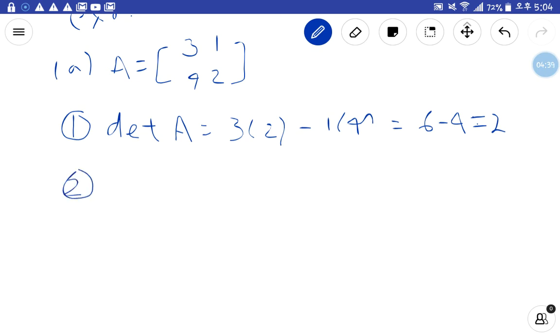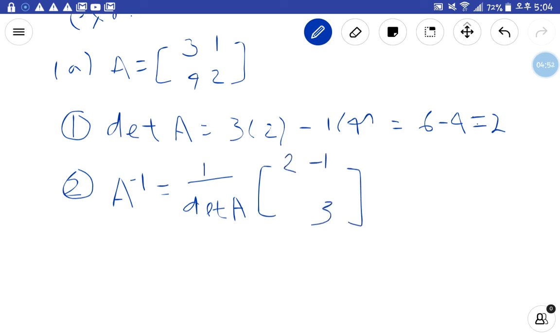Now, how can we find it? My inverse matrix is going to be 1 over the determinant of A. On the first diagonal, switch the numbers around. On the second diagonal, you make it the opposite sign. So now, 1 over 2 times the matrix 2, negative 1, negative 4, 3. Now you should simplify.